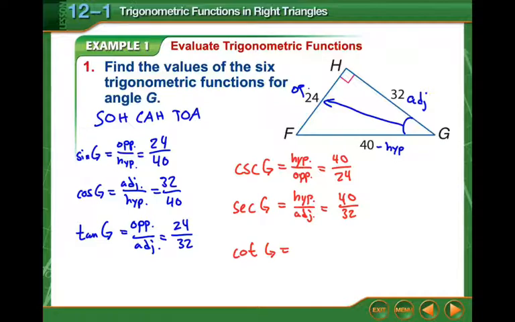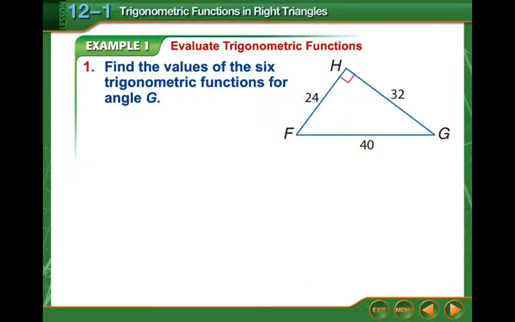But it still flips tangent, so it's adjacent over opposite. And that's just going to be 32 over 24. And there are our 6 trig functions evaluated. We're not going to do anything more with them. We could simplify all these fractions because everything's even, and really everything's divisible by 4.